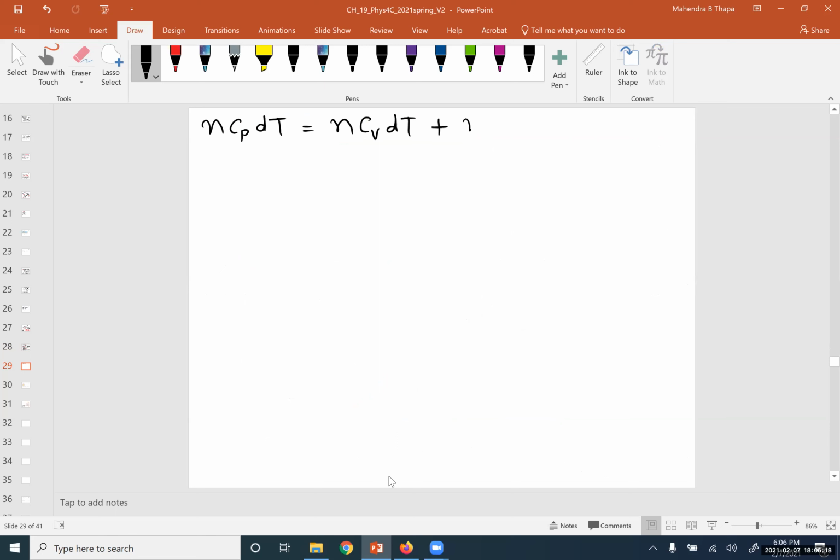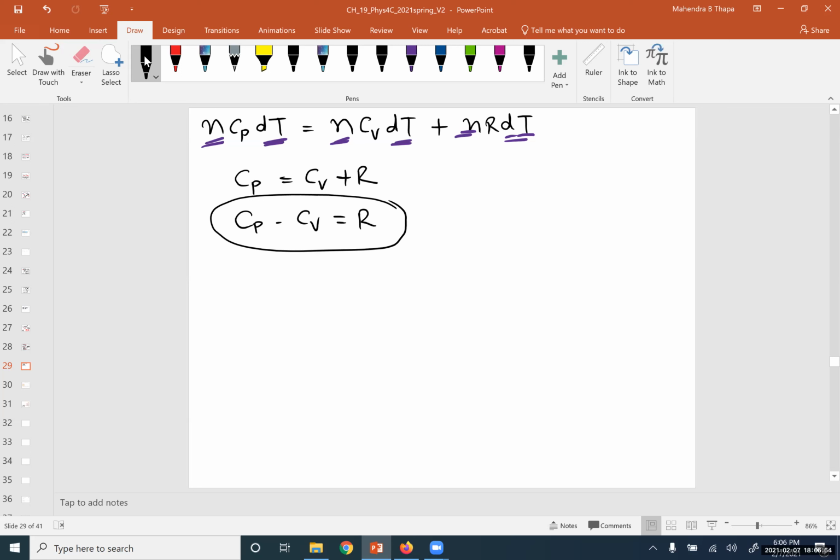So on both sides, n is common and dT is common, so we can write this as Cp equals Cv plus R. This means Cp minus Cv equals R if you measure the mass in moles.